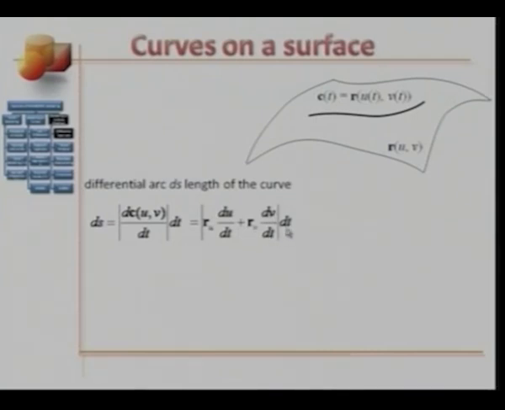And then we have this dt here. Instead of using the modulus sign, I can replace this expression by the radical sign. And remember, this is a vector. So what we are doing is we are dotting this vector by itself. So within the radical sign, we have r sub u du over dt plus r sub v dv over dt dotted with itself.